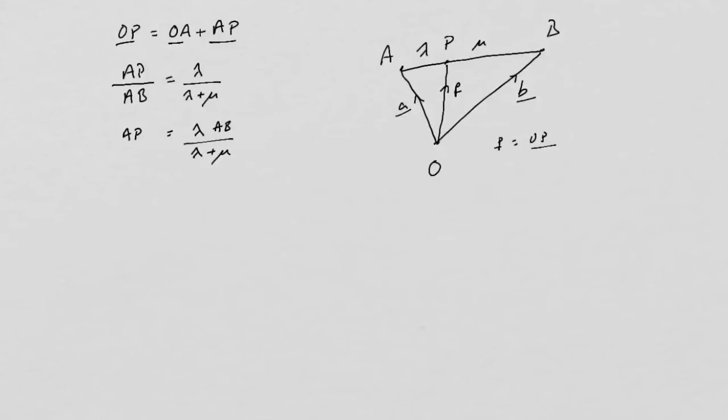And since AP and AB are in the same direction, then we have AP as a vector is lambda over lambda plus mu times AB as a vector.